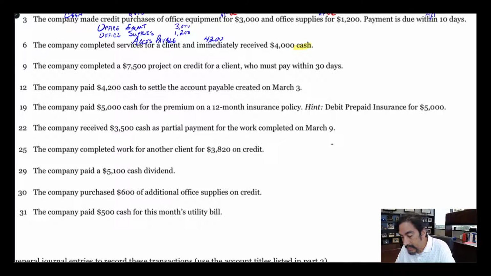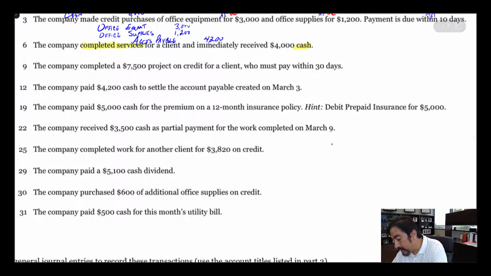We completed services. So that is revenue. And I don't know if this company has different types of revenue. I'm just going to call this services revenue just in case. When we receive cash, we debit it to show the increase in cash.